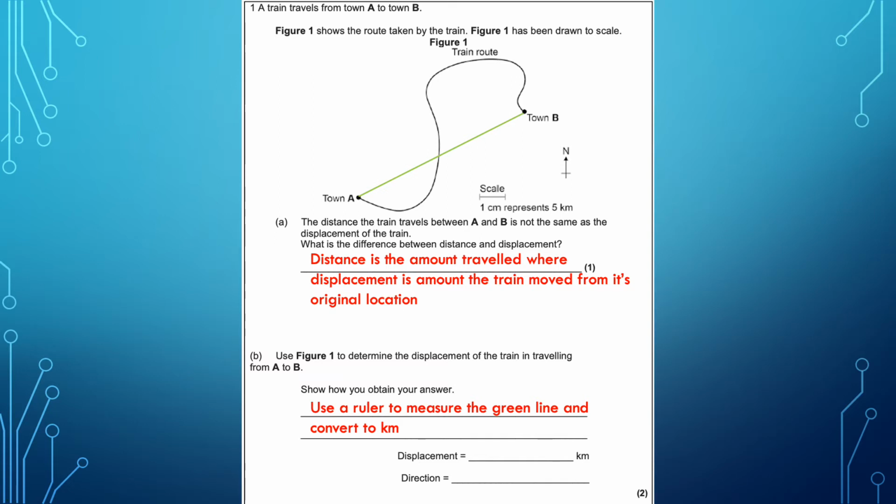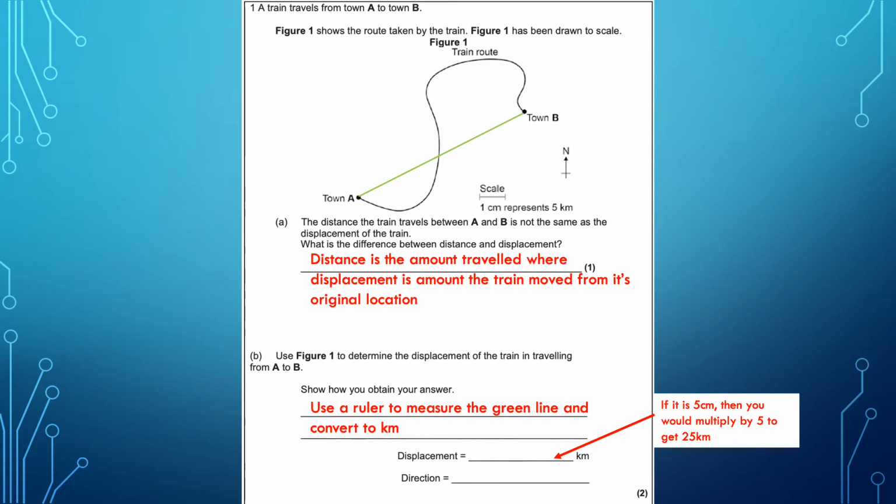And this is where it might differ, because what I have on the screen here might be different from what you have on your paper. Depending on how you measured it, you might be off by 0.1 or 1 centimeter, which is fine. For example, if I measured that that line is 5 centimeters, then you would multiply it by 5 because 1 centimeter is 5 kilometers, so 5 kilometers for every centimeter, to get 25 kilometers.